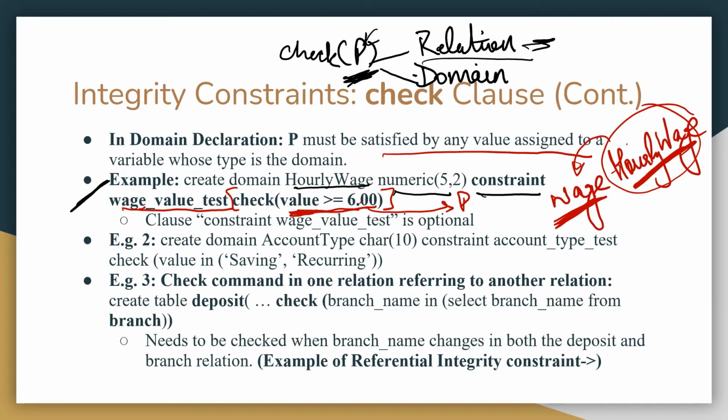let's take another example. So we have create domain account type, that is the domain name. The type is char 10, constraint account type test. Now again the name of the constraint, and what is the constraint? The constraint is check value in saving, comma recurring. Now what does that mean?